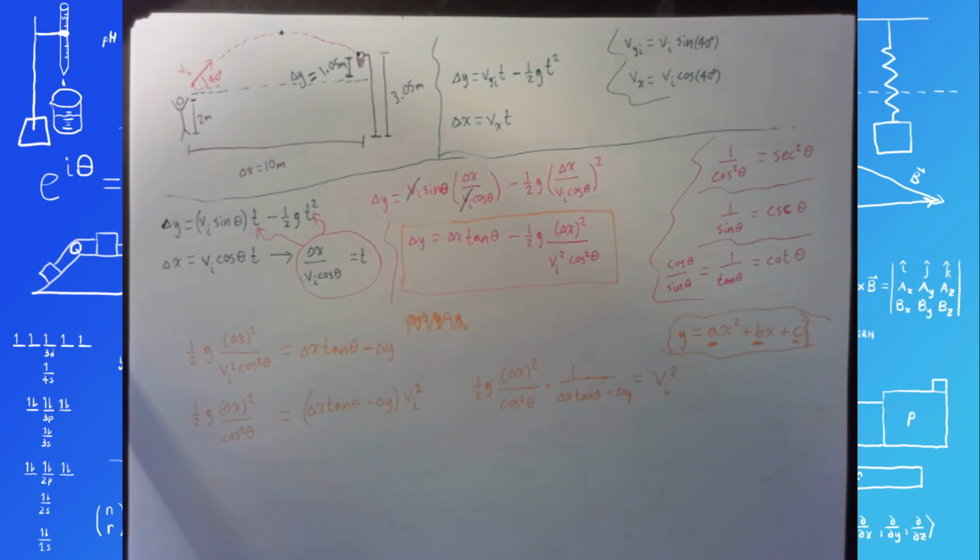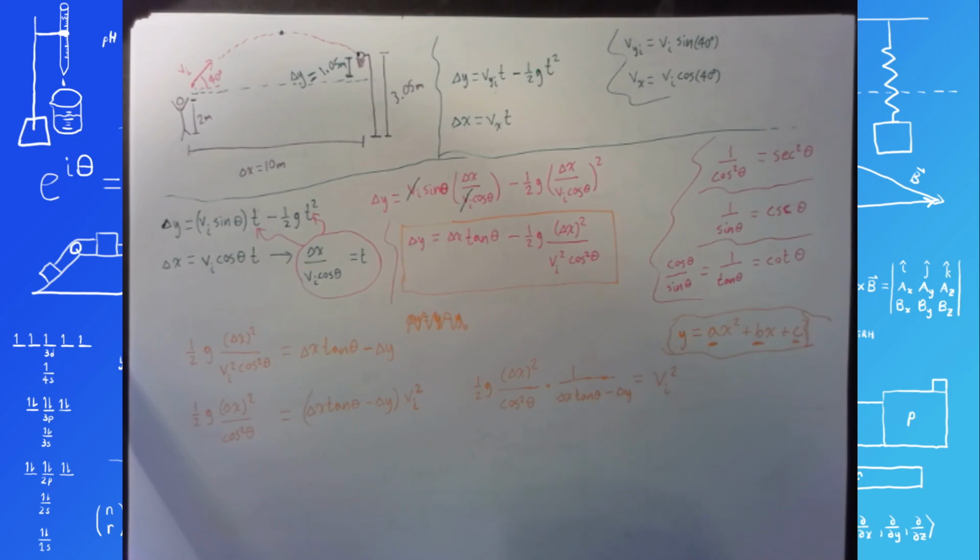Anyway, 1/2 times 9.8 times 10 squared over cosine of 40 times cosine of 40, and then all that times 1 over 10 tan of 40 minus delta y, which is 1.05.